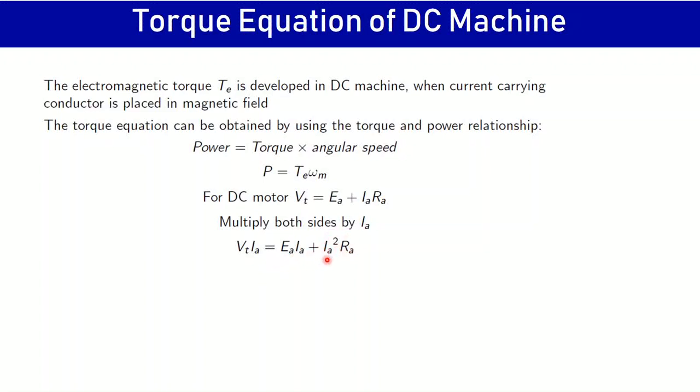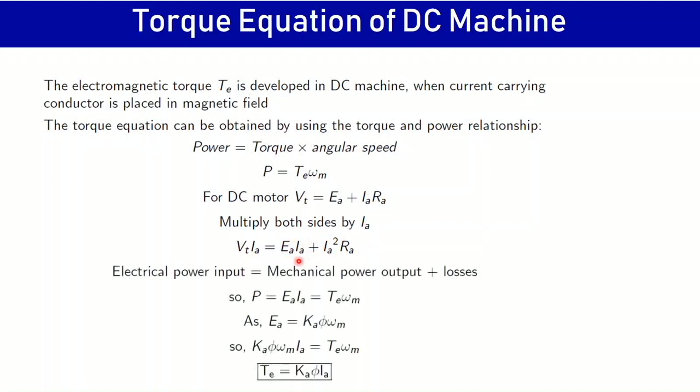So this is the power loss that is taking place in the armature, and VtIa is the power that we are supplying to the motor. So supplied power and power losses, if they are subtracted, the remaining power will be converted into mechanical power.